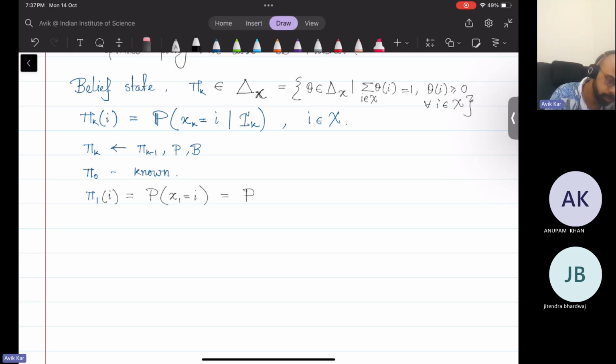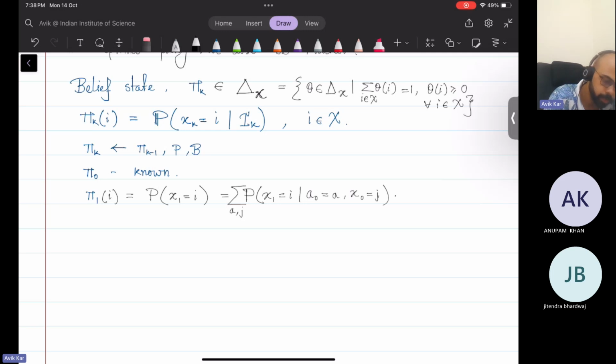Let us use conditional probability: x_1 equals i given a_0 is a and x_0 is j, and sum over all a and j. So this we have written in conditional probability.